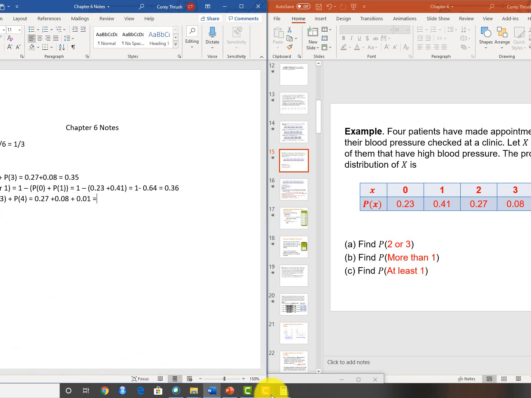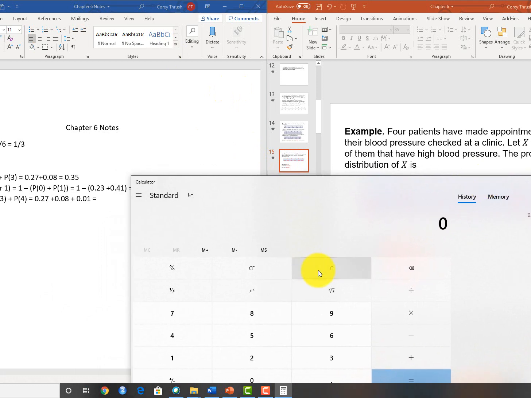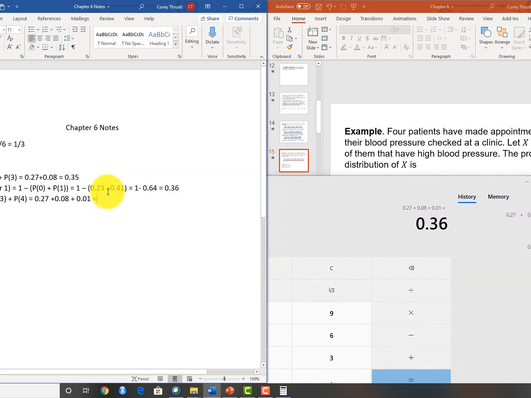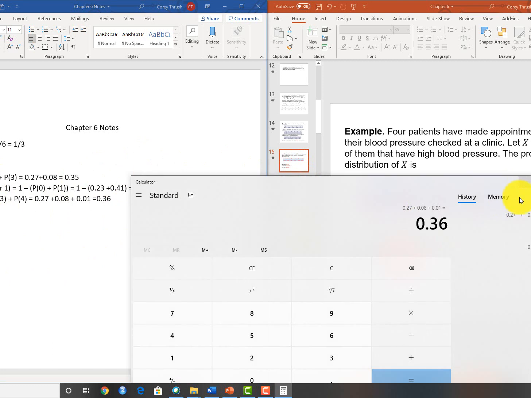Then to bring up the calculator another time, 0.27 plus 0.08 plus 0.01, and that equals 0.36. And you see how we got the same answer in both cases? So there's two ways to do that.